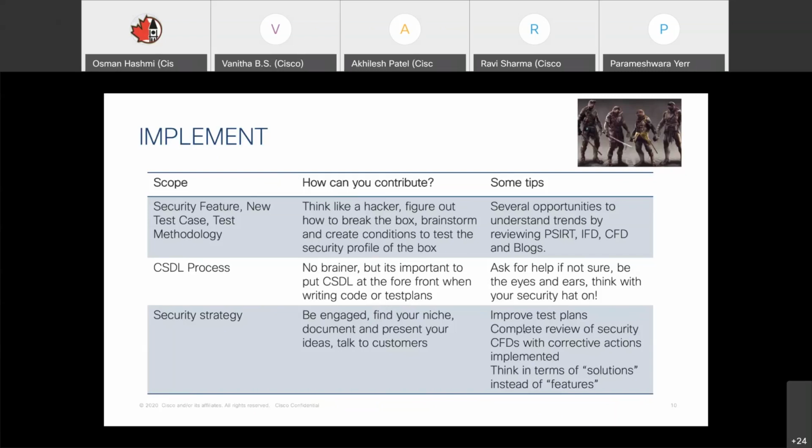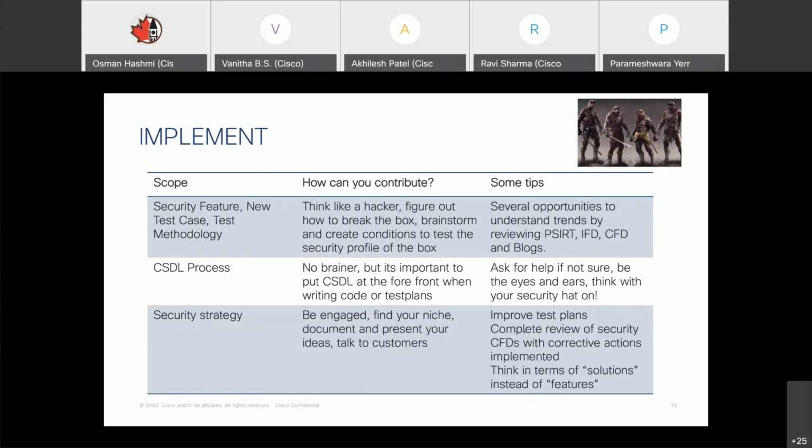This, I think, is kind of a be-all, end-all, overarching pillar, because this is where it starts with you being engaged, finding your niche, documenting and presenting your ideas, talking to customers, and the customers could be internal customers like a systems engineer or an account manager, or it could be somebody in the escalations team or system test team.